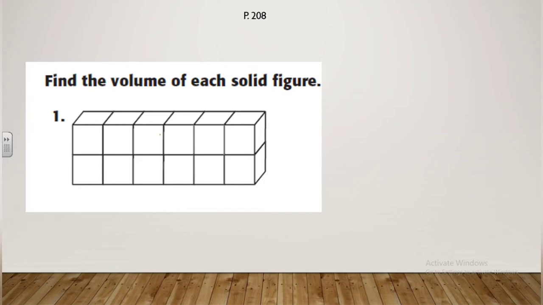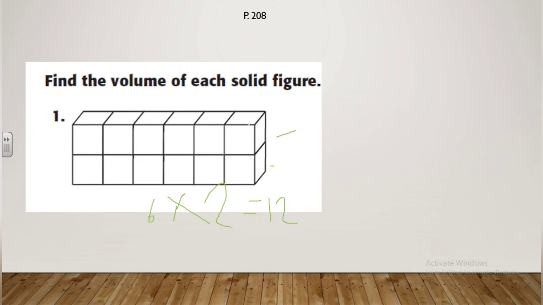If you look carefully here, we have 2 rows and 1, 2, 3, 4, 5, 6 columns. So you can multiply. So that will be 6 times 2, and that will give you 12.